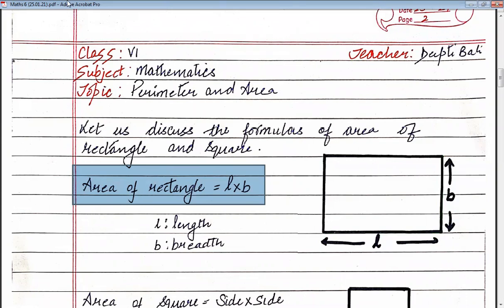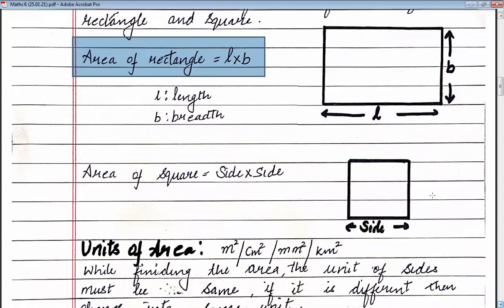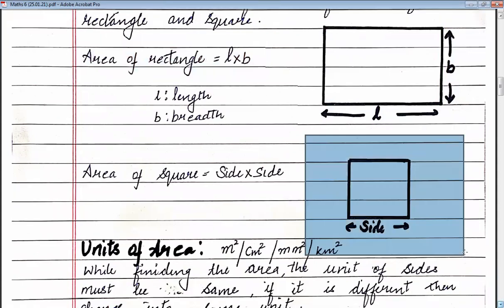Is it clear, students? Let's move on to the formula of area of square. Now, this is your square, and you know that in a square, all the sides are equal. If this is one side, suppose this is 4 centimeter, all the sides will be 4 centimeter.